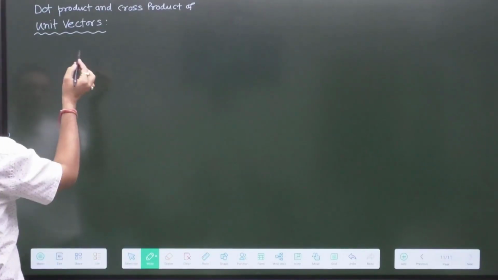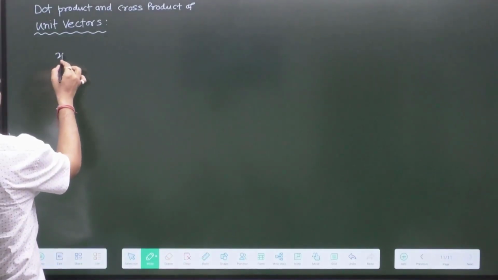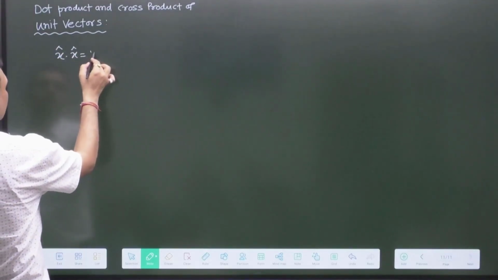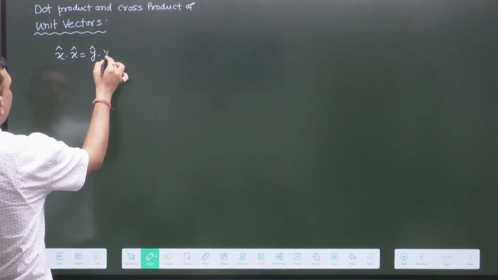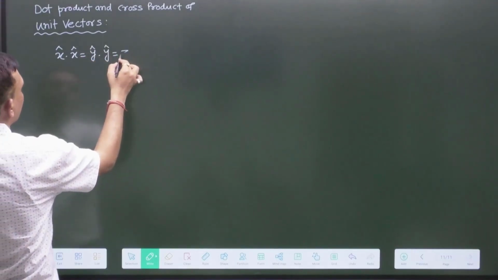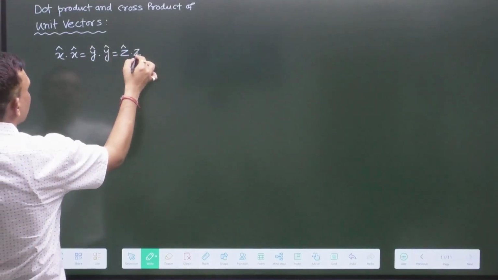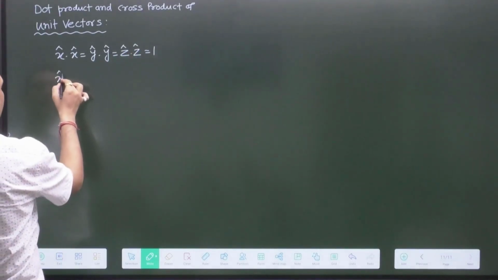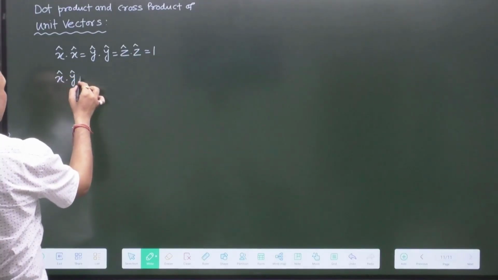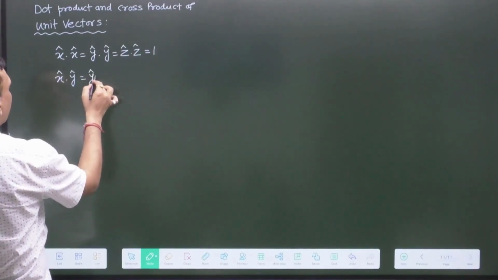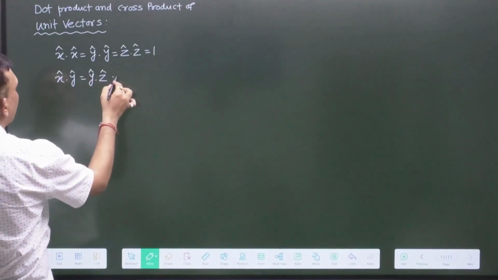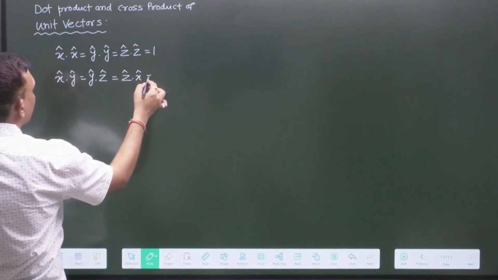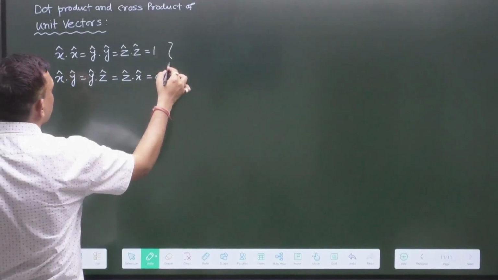So let us first write in Cartesian coordinates. What is x dot x? Because the angle is 0, it is 1. So z dot z is 1. What is x dot y? Y dot z and z dot x? This will be 0.